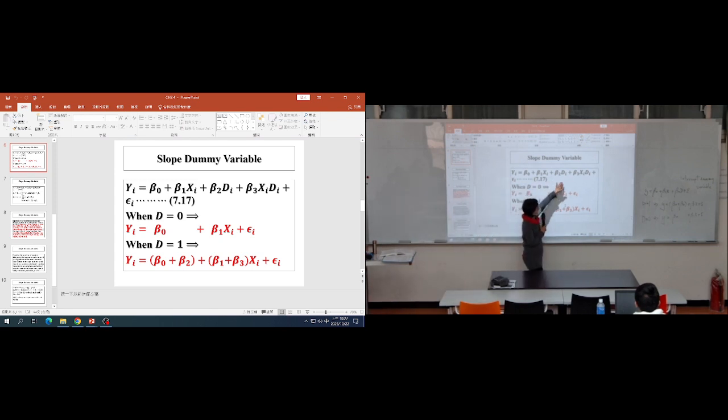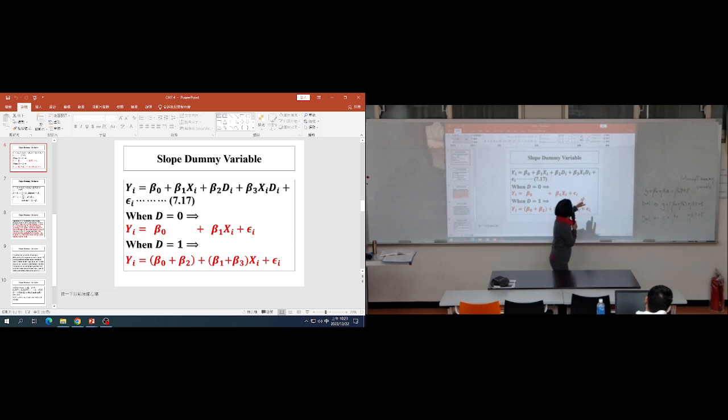This is exactly what I have there, but I add one more term, which is X times D. So I'm using the X variable times D as another variable, and the coefficient is B3. We call this an interaction term. What do we mean by an interaction term? It is the multiplication of two independent variables, or sometimes even more, 2 or 3.